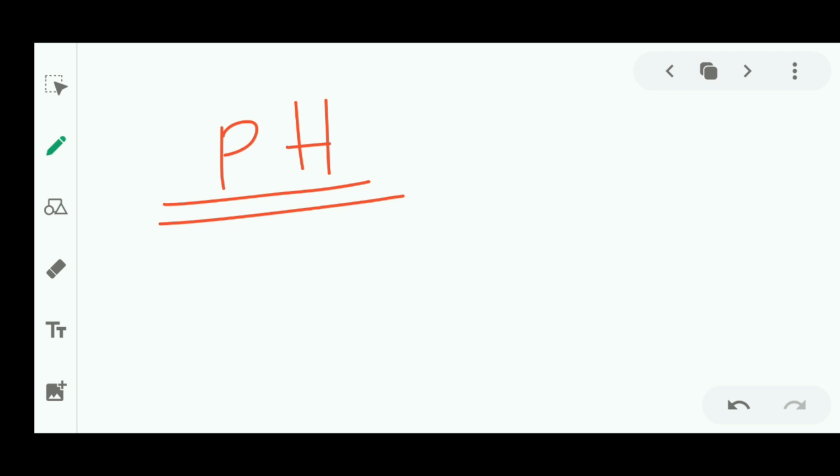Hence, you need to treat the soil with quicklime or chalk if it is acidic, and if it is basic, then you need to treat it with a particular acid. From where will you get that acid?